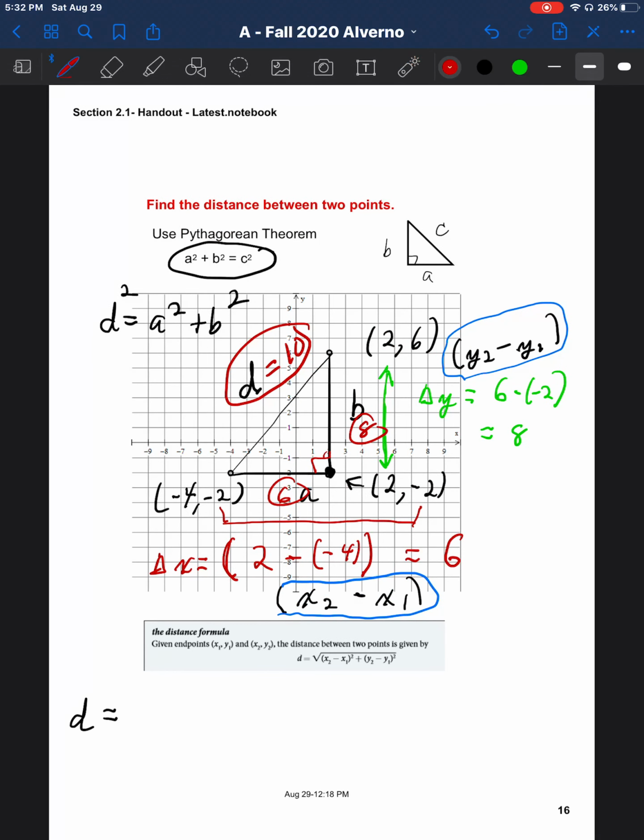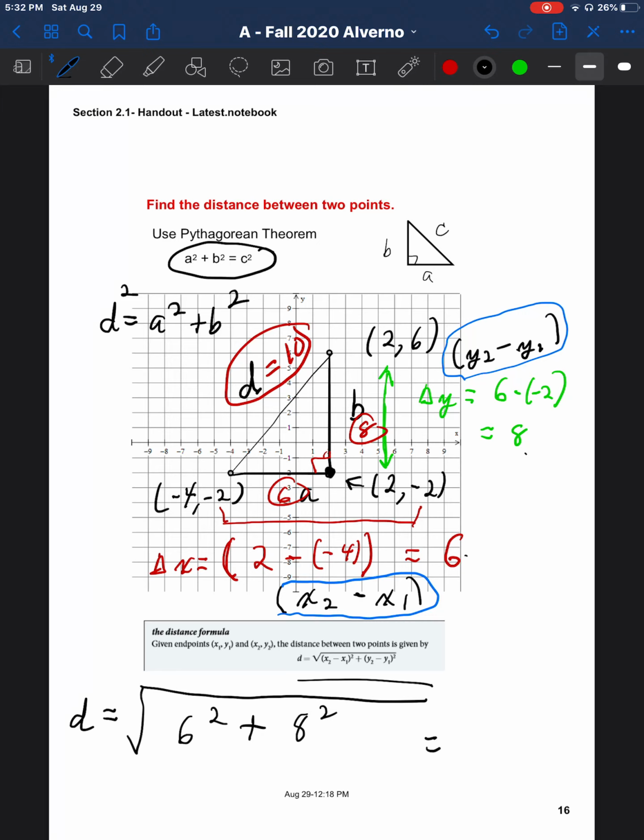So we'll write down what this looks like. Again, we use the Pythagorean theorem in here. We're taking the square root of a squared. Well, what's a squared? In this case, that would be 6 squared, plus the square of the 8.